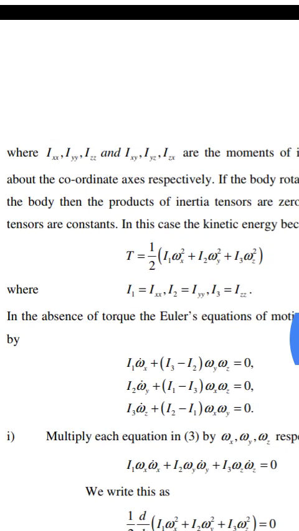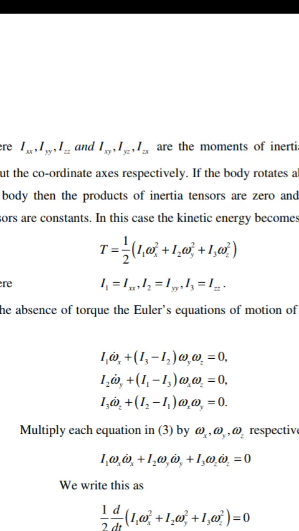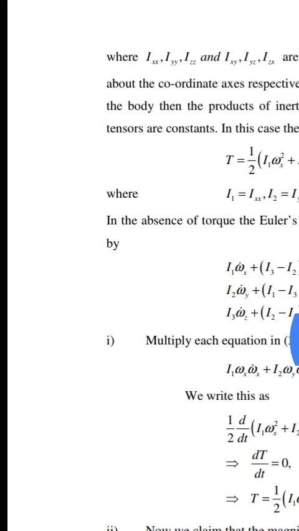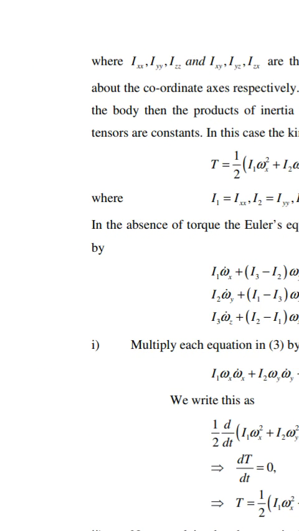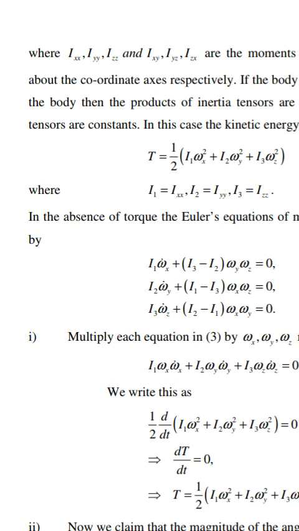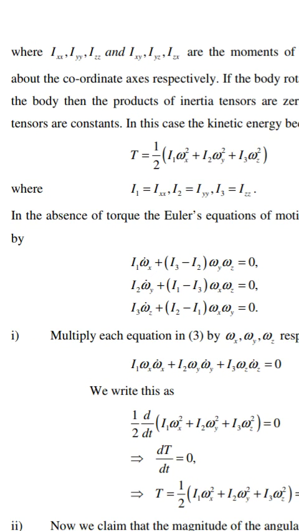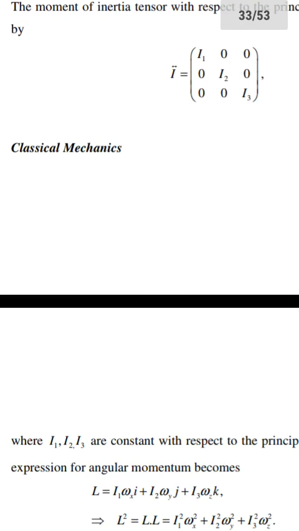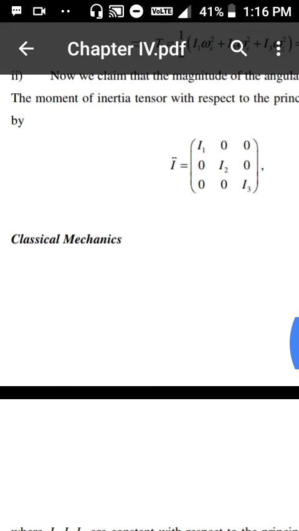In this case, the kinetic energy becomes T is equal to 1 by 2 [I1 wx square plus I2 wy square plus I3 wz square], where I1 is equal to Ixx, I2 is equal to Iyy, I3 is equal to Izz, and it gives the moment of inertia, and this is required.